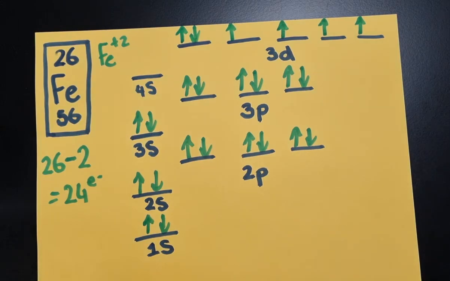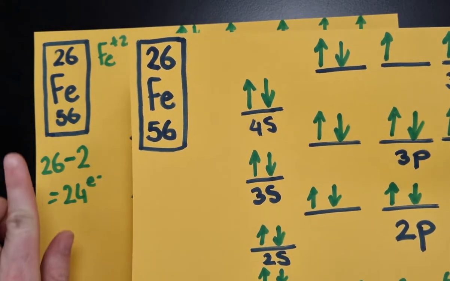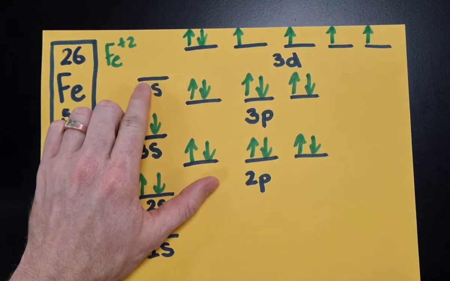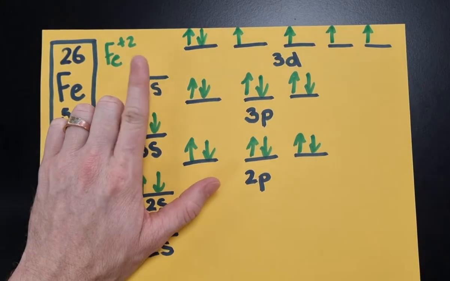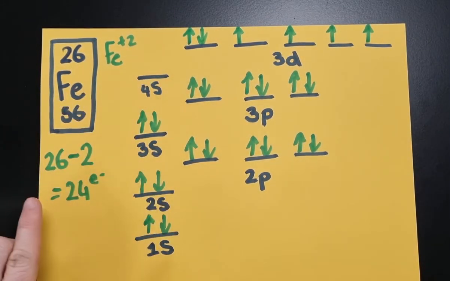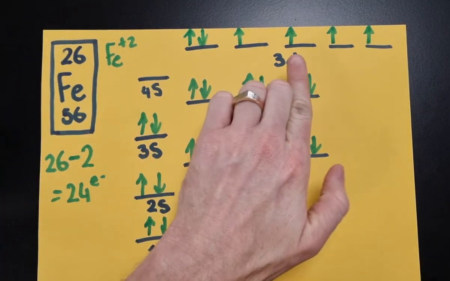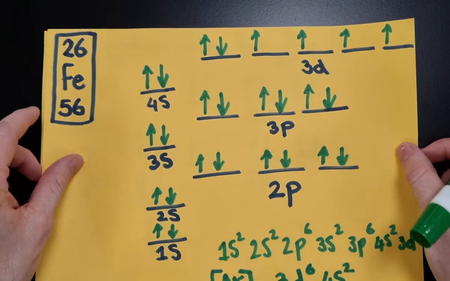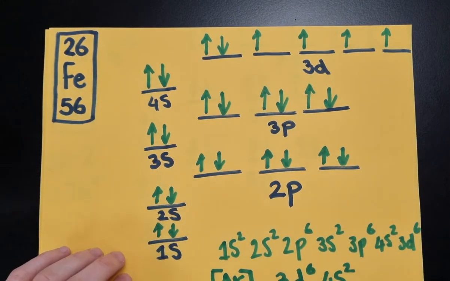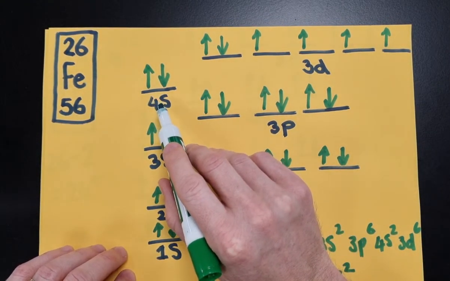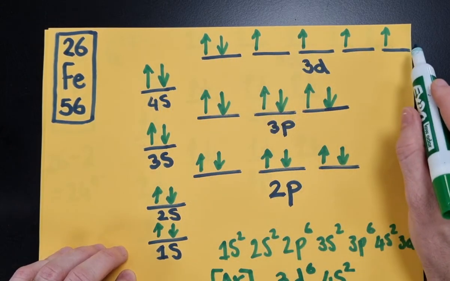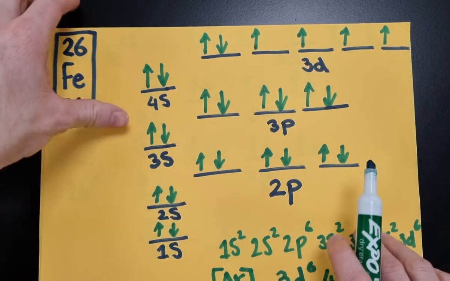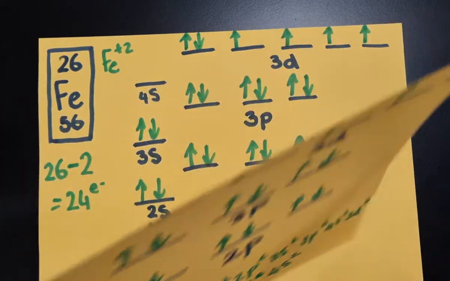Once again, I will point out the difference between our ion, which is missing 4s because we've had to take 2 away from somewhere, and 4s being a higher level than 3d, we've taken it away from there. Whereas if we had a normal atom of iron, we would have progressed through 4s first before going on to 3d, and that's where it gets a little bit complicated.